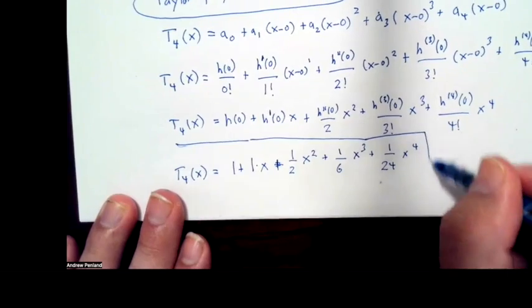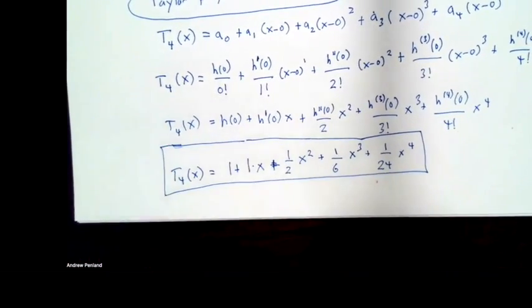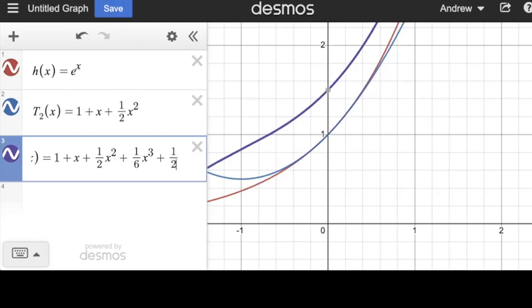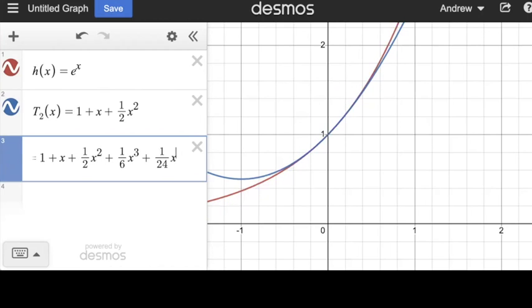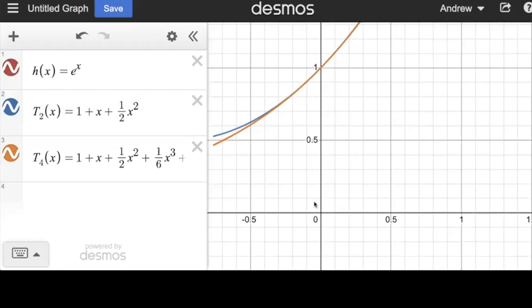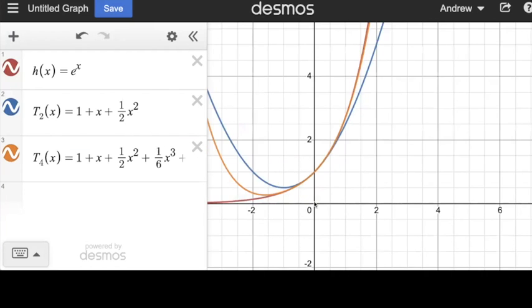So here's my fourth degree Taylor polynomial approximation, and I hope you followed the process that we used to find it. Now it's also important to understand what this means. So we're typing out this polynomial, and here I have the second degree approximation in blue, and I'm going to make the fourth degree approximation in orange.